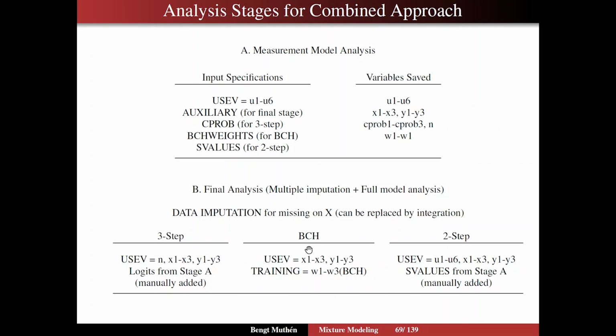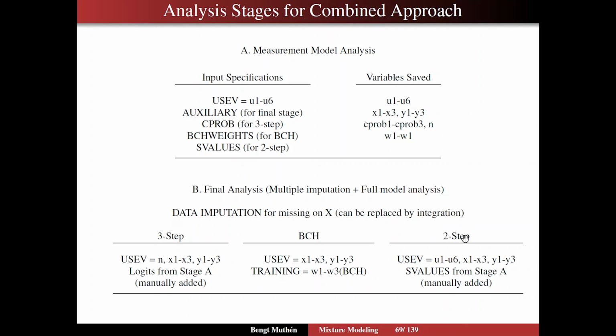For BCH, you have a slightly different use variable list, only the X's and the Y's, and the extra information that BCH needs is put into the training option, weight 1 through weight 3, BCH in parentheses. For 2-step, the use variable list is still different. You have to mention the latent class indicator variables in addition to the X's and Y's, because they are given S values from stage A, manually added again.